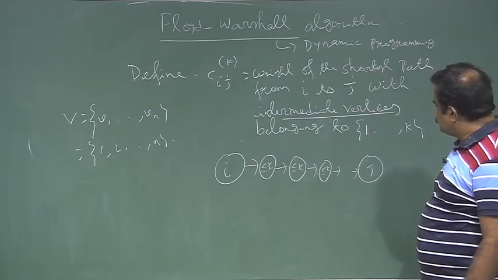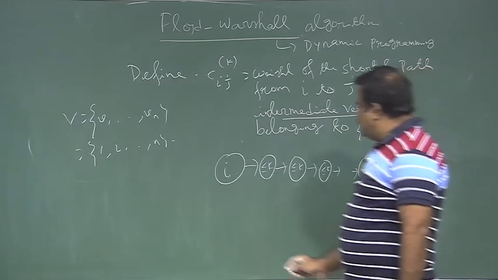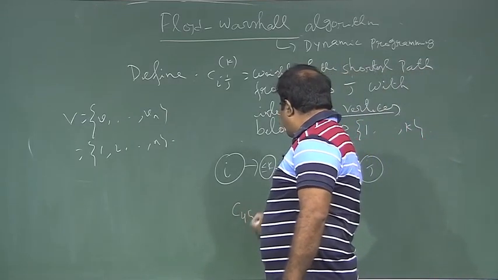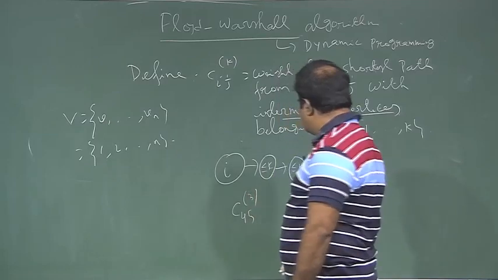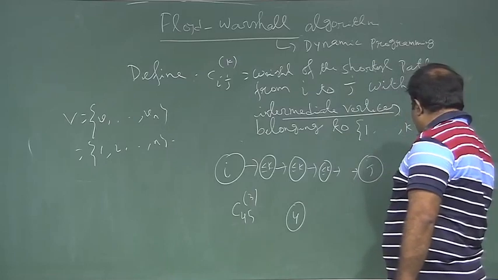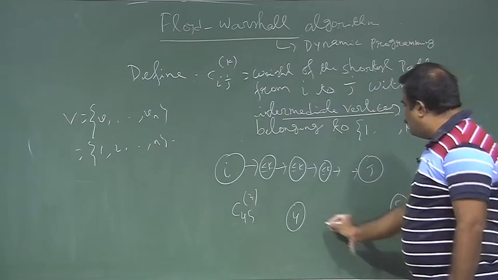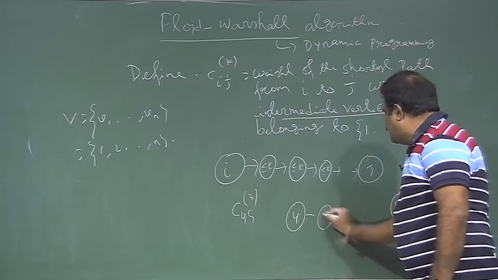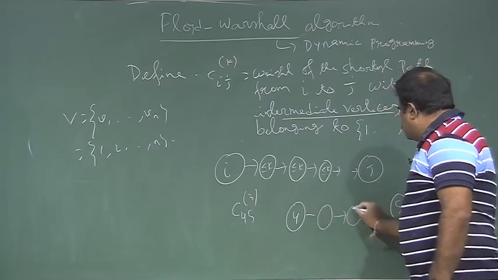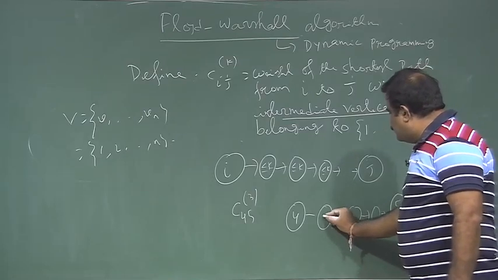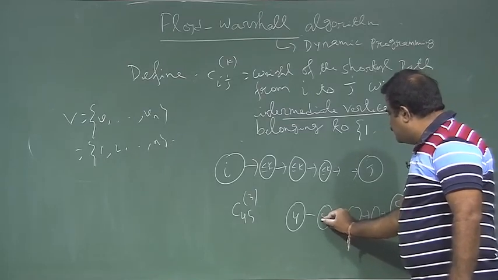Okay. So, for example, suppose we find C_45^3. We are at vertex 4, going to vertex 5. Now we consider all the paths from 4 to 5 such that all the intermediate vertices must be less than or equal to 3.